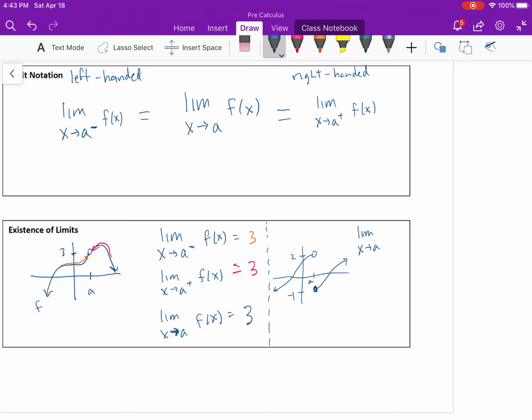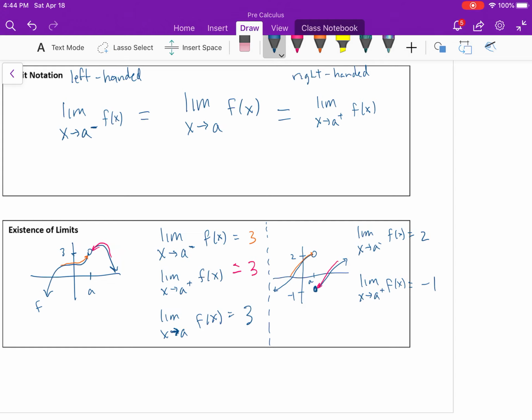The limit as x approaches A from the negative side, in this case, we get closer and closer to 2, and from the positive side, the right-handed limit, as x approaches A from the positive side, in this case would be getting closer and closer to -1.